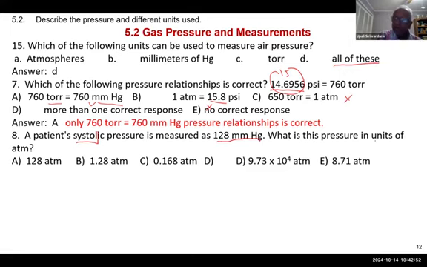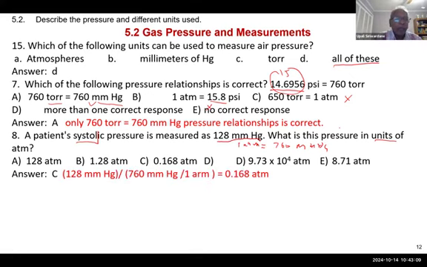What is the pressure in the units of ATM? Now the conversion factor is 760 millimeter mercury. So you start with this pressure given.